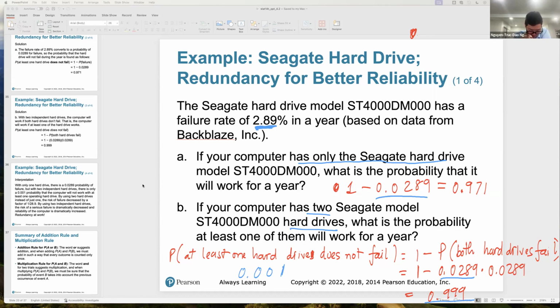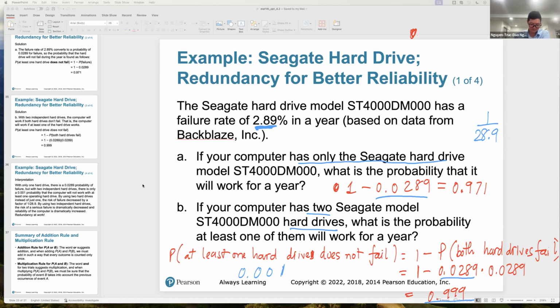So if you use two hard drives instead of just one, the risk of failure decreased by a factor of 1 over 28.9, right? Based on the formula. And then by using two independent hard drives, the risk of serious failure is dramatically decreased, and reliability of the computer is dramatically increased. So that is redundancy at work.